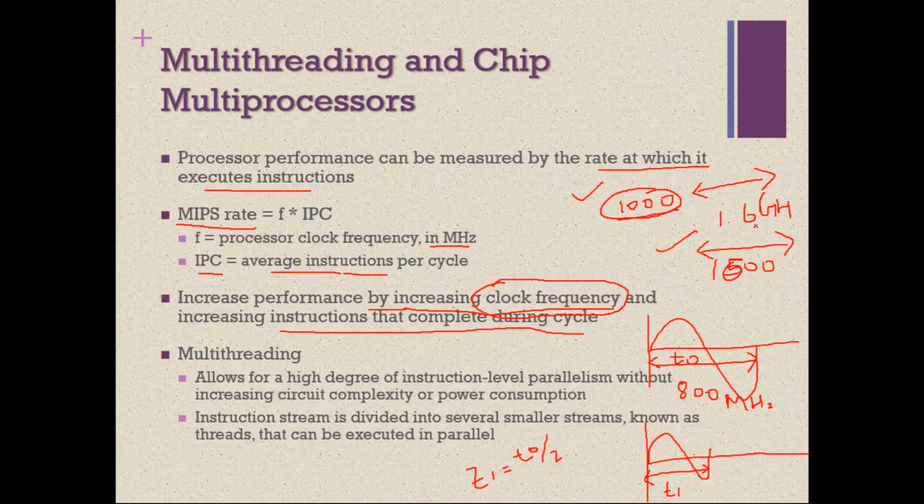Because previously it took an 800 megahertz clock cycle to execute 1000 instructions, but now it executes 1000 instructions within a 1.6 gigahertz clock duration, and the clock duration for 800 megahertz is larger, double that of 1.6 gigahertz. Right?